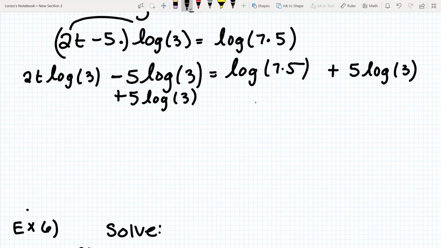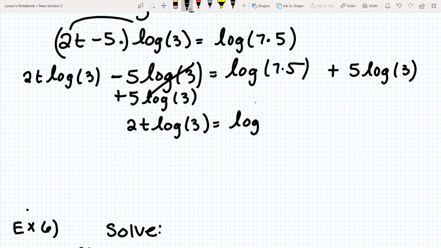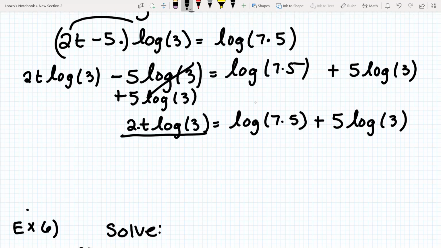This cancels, so on the left you're left with 2t log 3 equals log of 7.5 plus 5 log of 3. We're almost there. To solve for t, we have to get rid of this 2 and this log 3. The only way to do that is dividing both sides by 2 log 3.